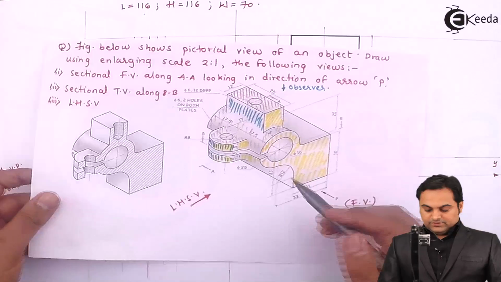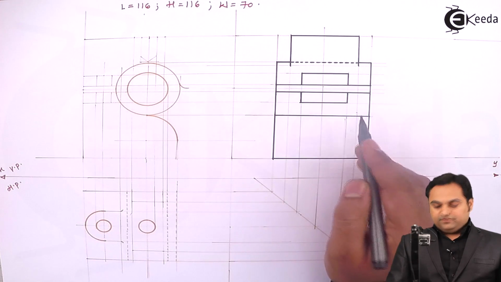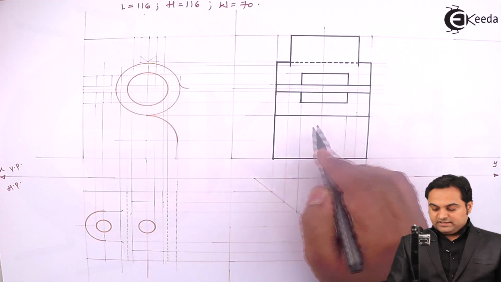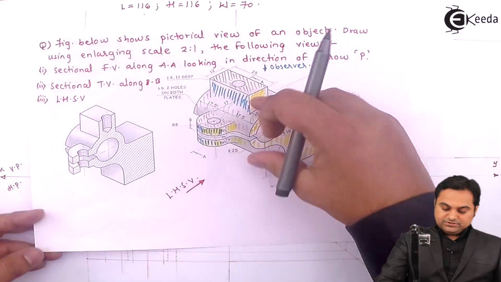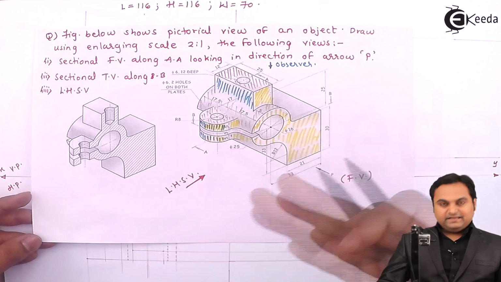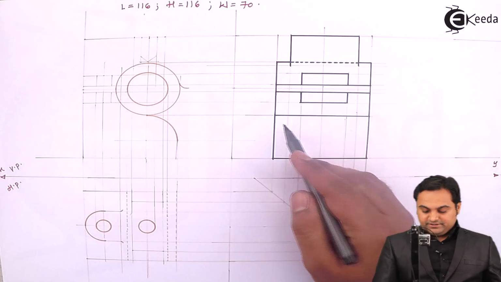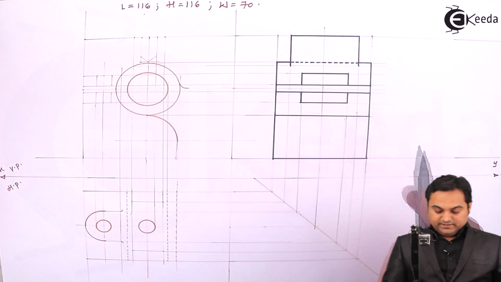So there is dark line between both these surfaces, because the cylindrical surface is extended, it is ahead, bottom rectangle is behind, so there is change of plane and it is indicated with the help of a dark line.